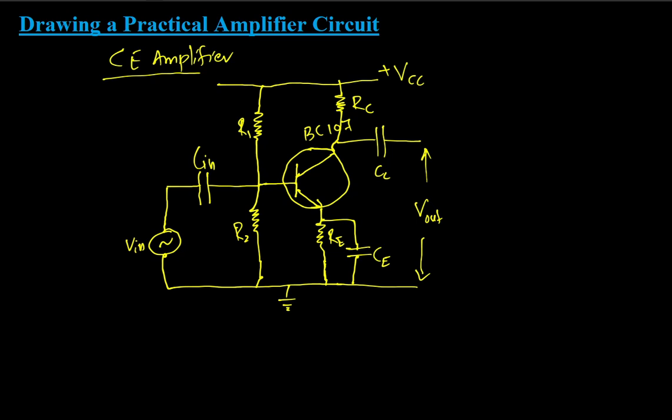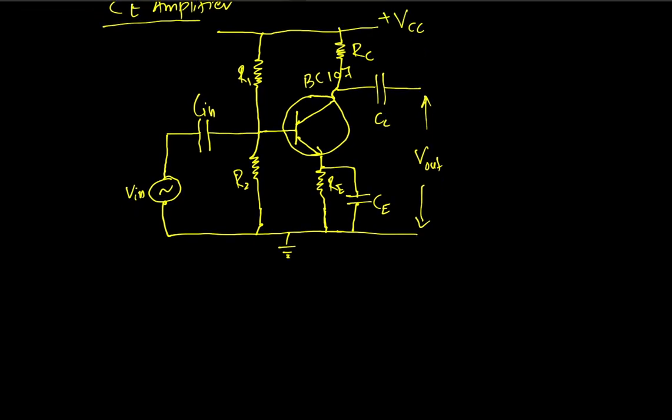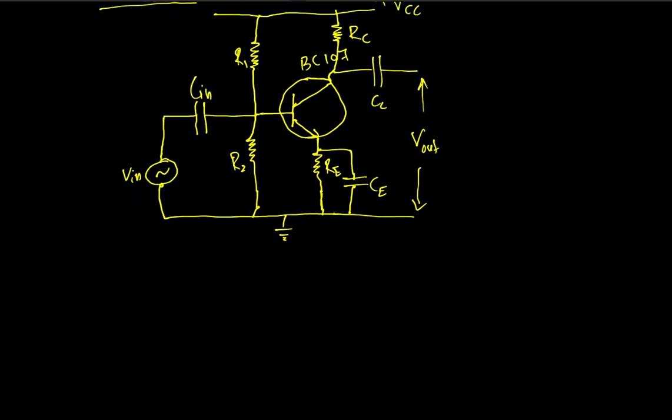Now for our practical course we have to draw the frequency response of this amplifier circuit. For that we have to vary the input frequency. We know that the frequency response is the variation of the output voltage or gain with the input frequency.